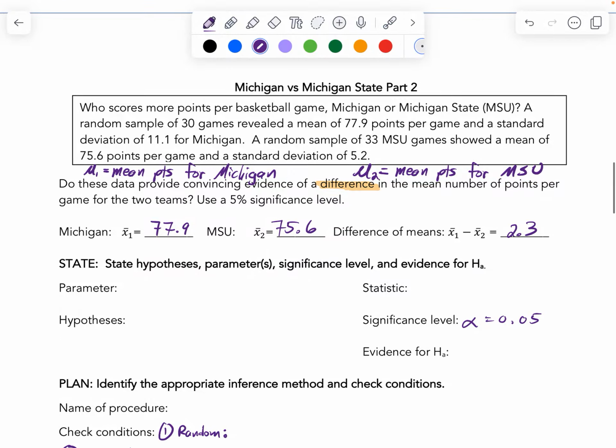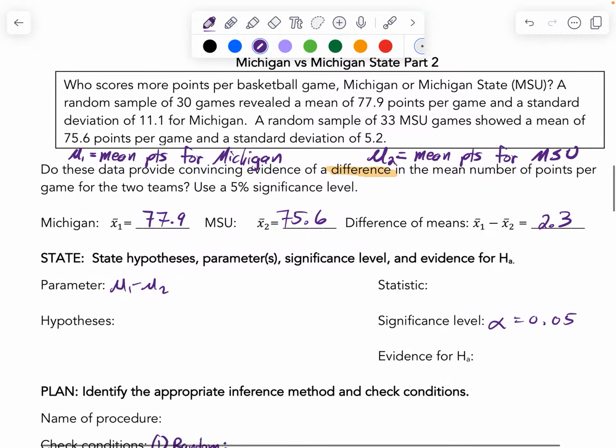So the parameter is going to be mu1 minus mu2, because I defined my mu's, right? I wrote them down here, which you can do as well. It is the true difference in mean points per game.